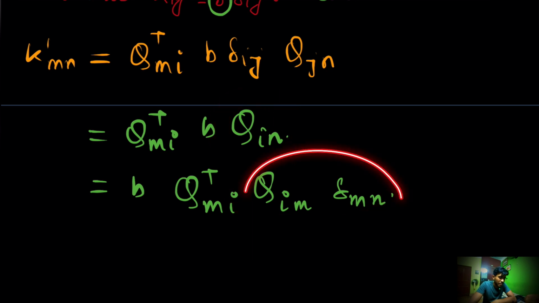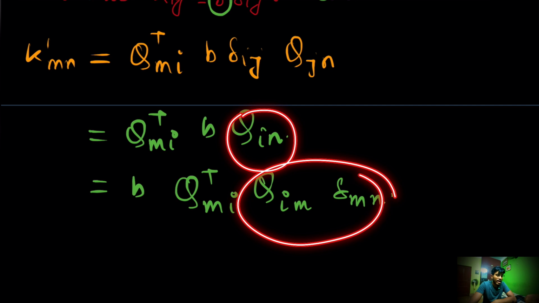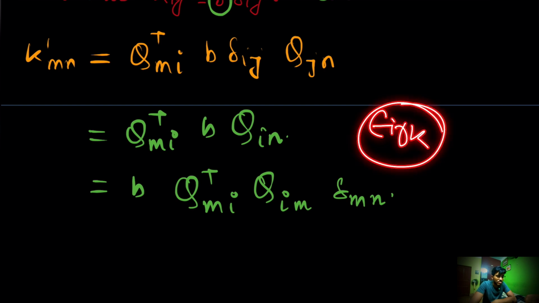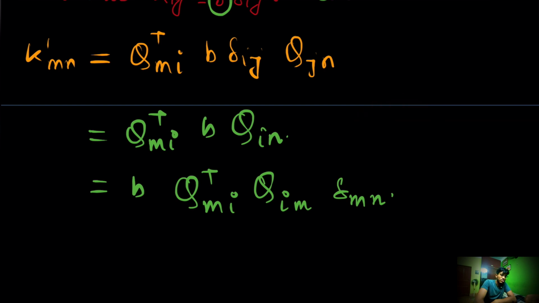This interplay between the delta and these other matrices brings in a very beautiful object, the permutation tensor, that is epsilon ijk. I have already introduced that, and it is also a very interesting one.